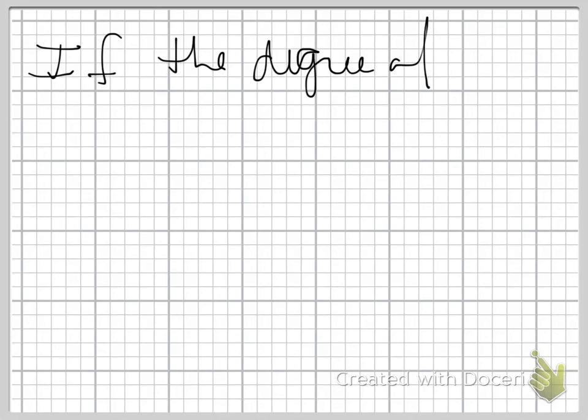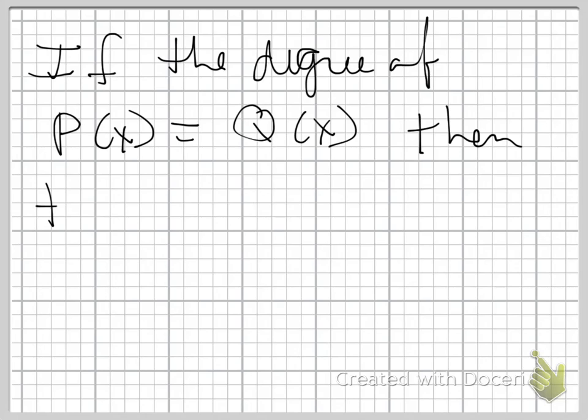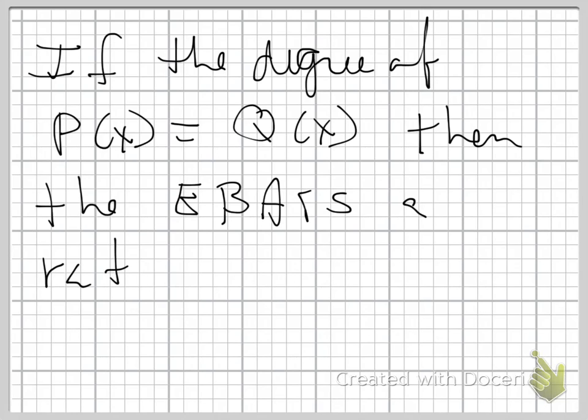Rule number 2. If the degree of P of x equals Q of x, then the EBA is a ratio of the leading coefficients.